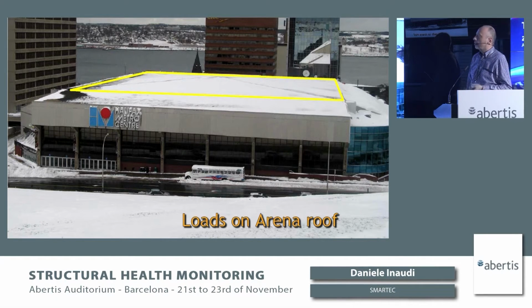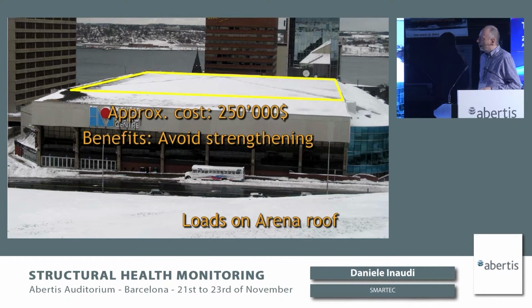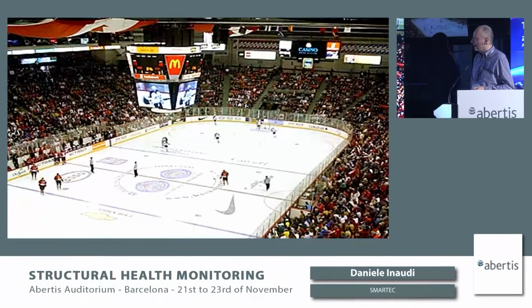And then one structural engineer said, well, I think that roof might have some reserve capacity because the connections are stiffer than we calculate. But to prove it, I want to install a structural health monitoring system. So in this case, the total cost of the project was in the order of $250,000, including modeling the roof, installing the sensors, taking readings, and analyzing the data and proving that the structure was in better condition than expected.